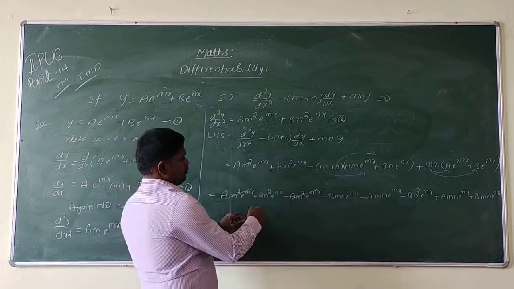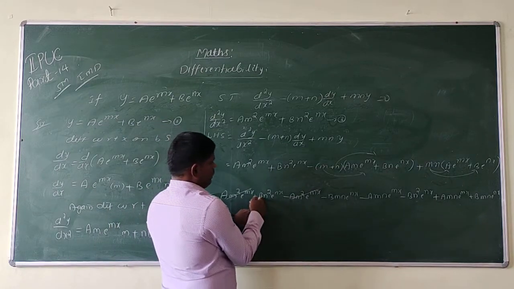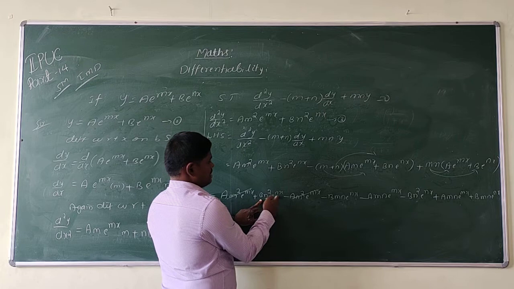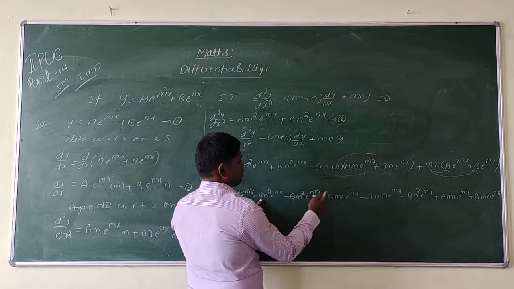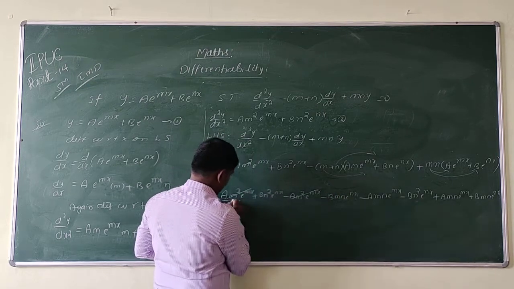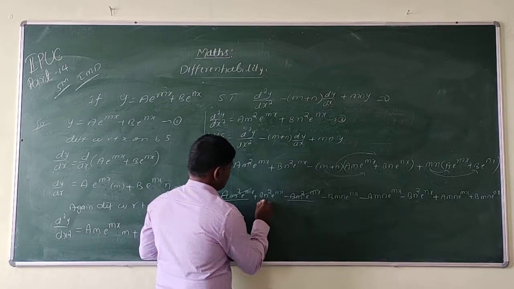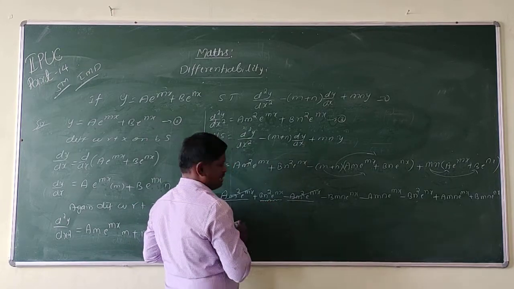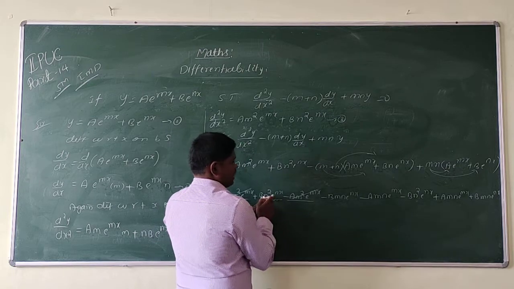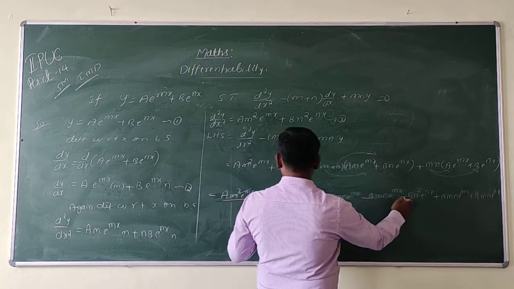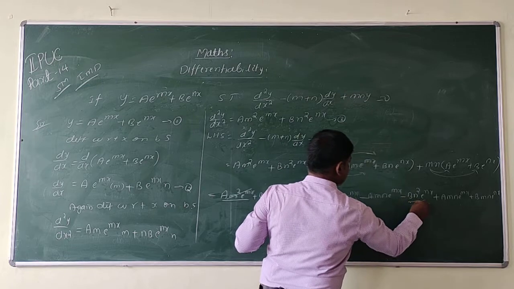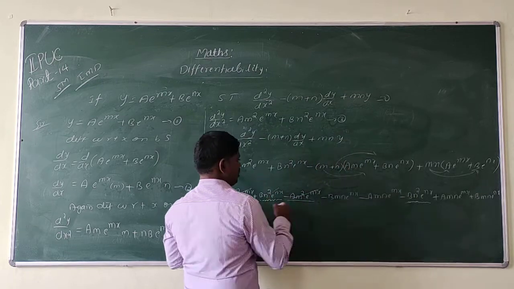Similarly, b into n square into e to the power of nx is here and here. I am just underlining this one, here with a zigzag line. So b into n square into e to the power of nx here, and b into n square into e to the power of nx here, I am marking with a zigzag line also. So these two terms get cancelled.